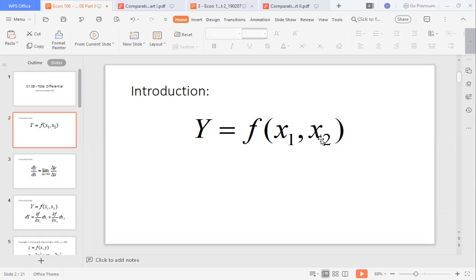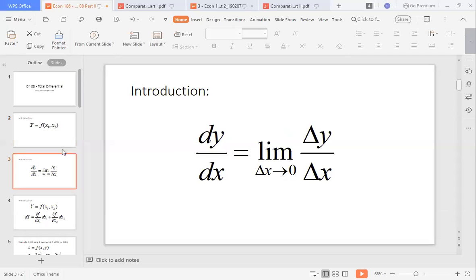Scenario 2: a change of x sub 2, holding x sub 1 constant. What would be the change in y? Scenario 3: a change of x sub 1 and a change in x sub 2. So we're allowing two changes at a time. Then how will that reflect on y? So total differential is again a change on y itself as the dependent variable.